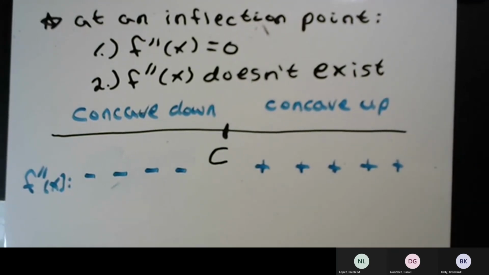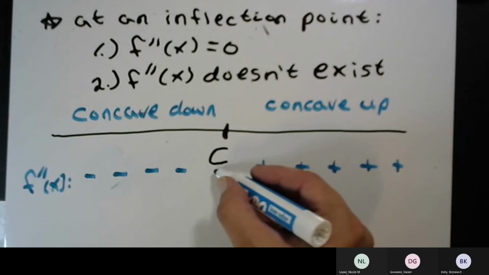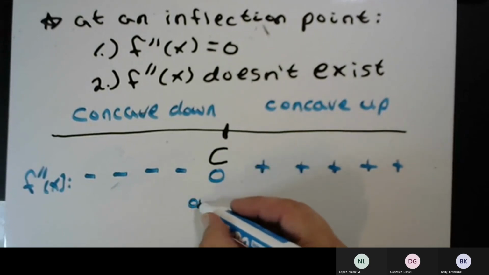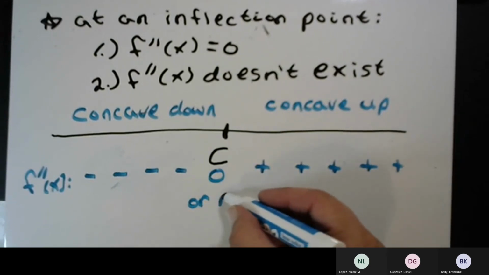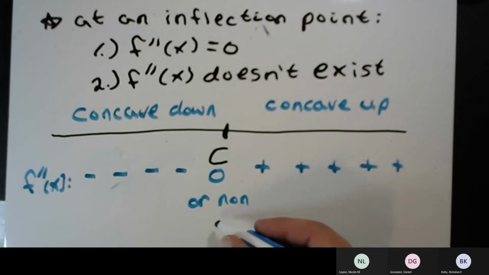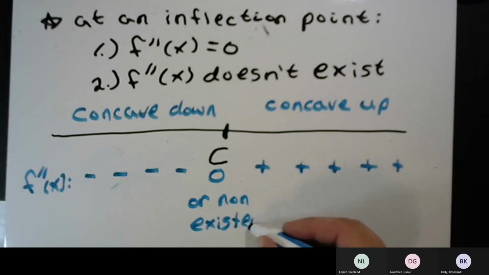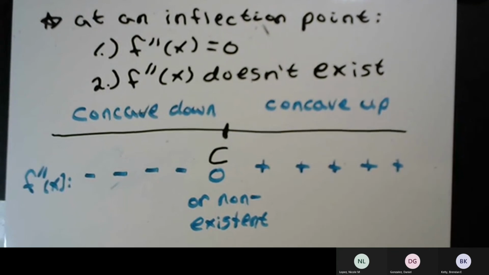So at our inflection point, we're going to have either 0 or non-existent. So that's what we're saying.